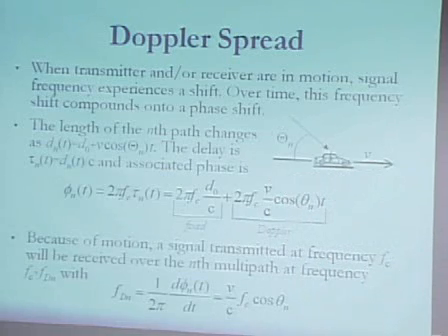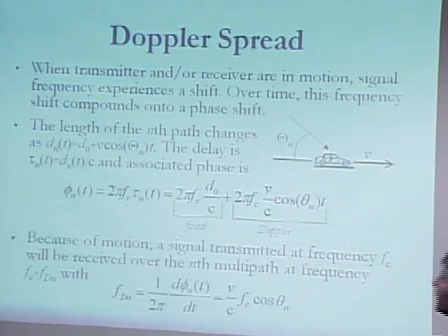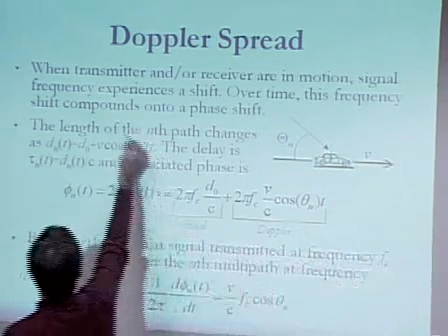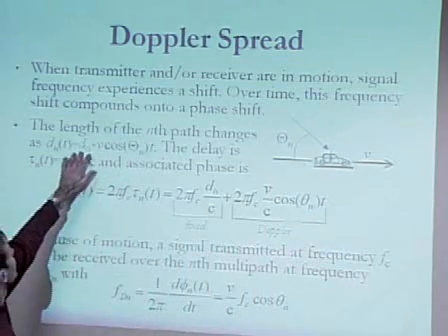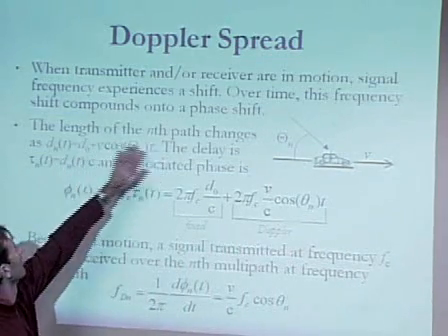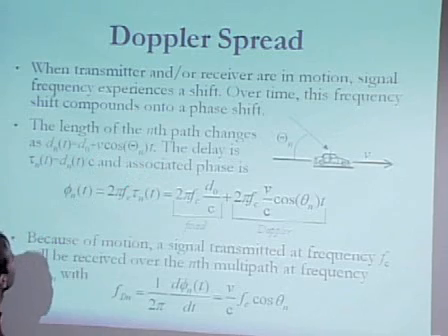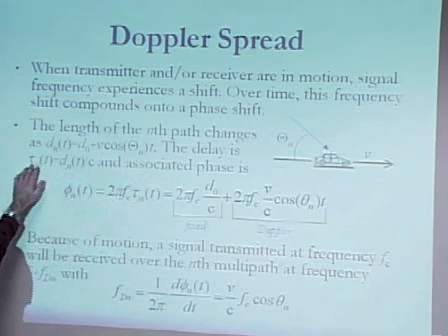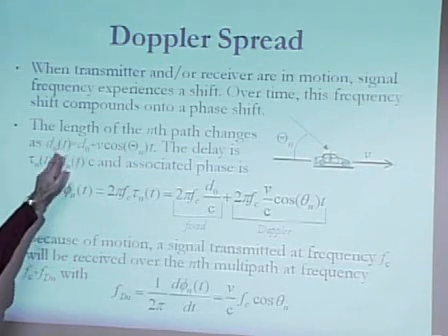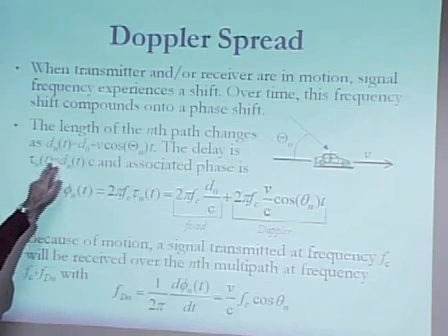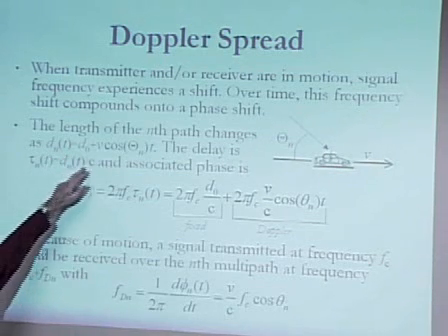If it's perpendicular, it's not going to change. That's what this cosine is doing for us. This is just space equals speed times time, nothing else. Now the delay associated with this length is just the length divided by the speed of light.